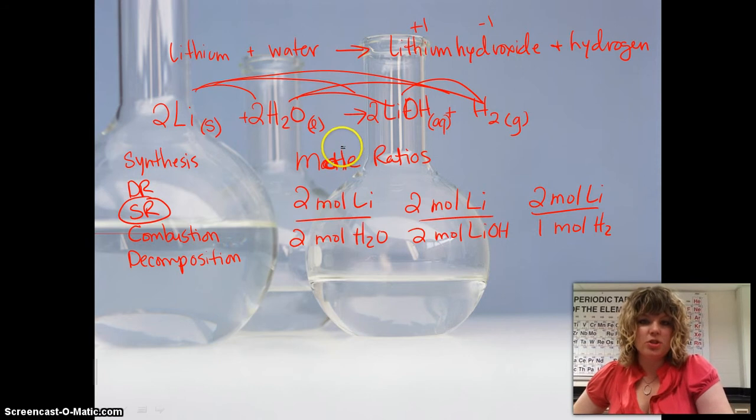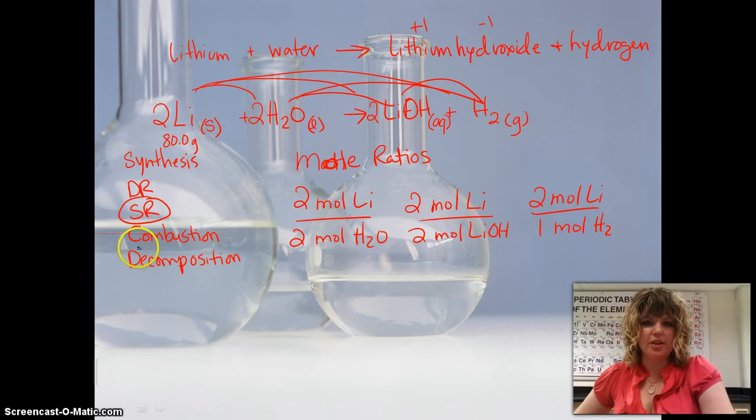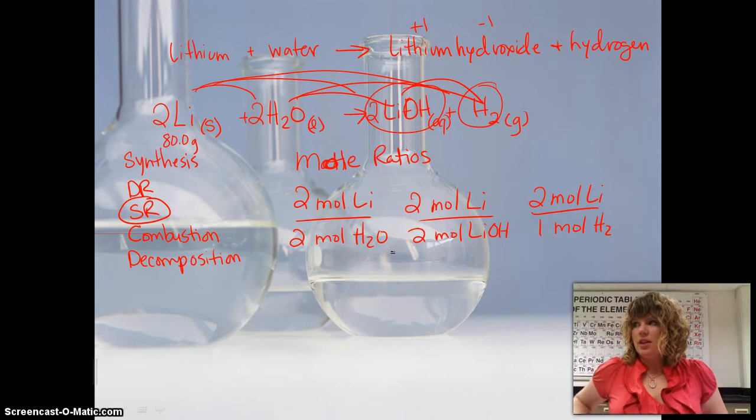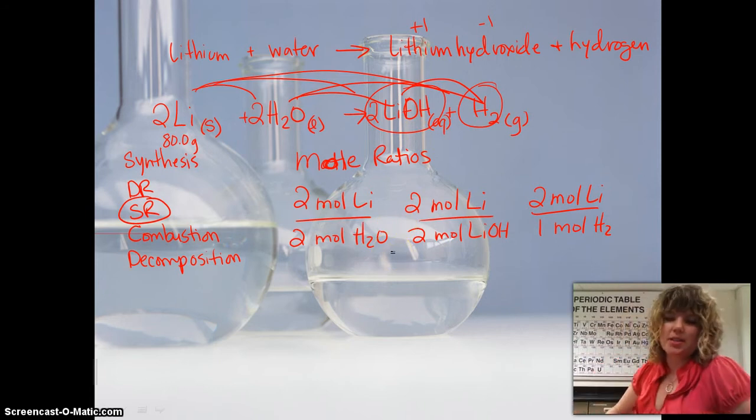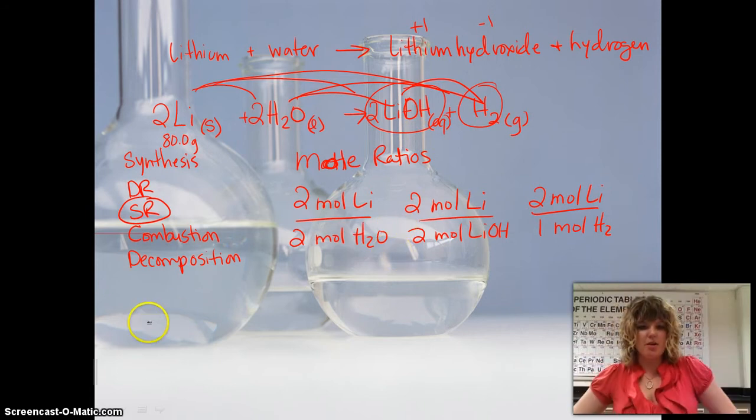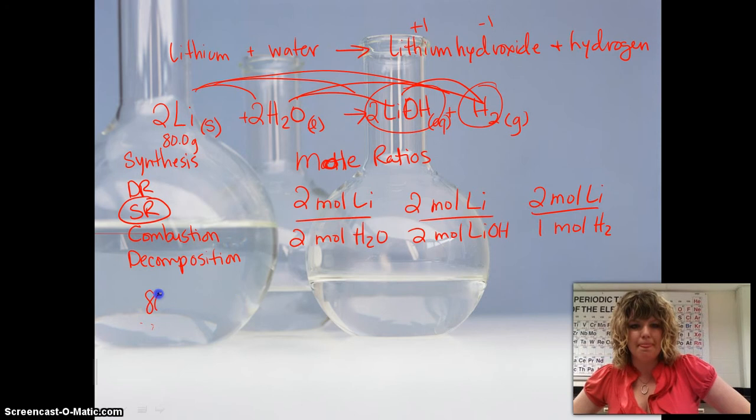I might ask you to do a stoichiometric calculation using conversion factors and mole ratios. So if we started out, let's say I give you 80 grams of lithium, I might ask you to calculate how many grams of hydrogen that would be, or how many grams of lithium hydroxide we would get. Okay, and so we'd start out with our 80 grams of lithium.